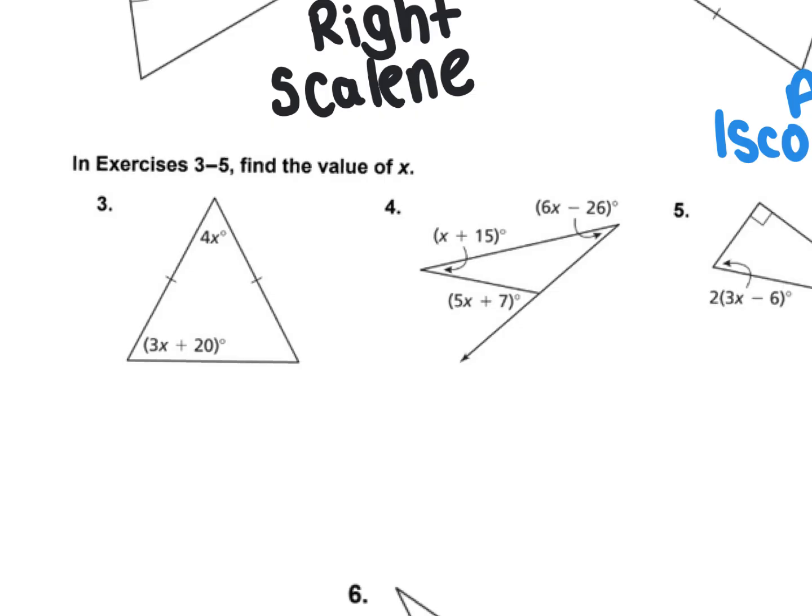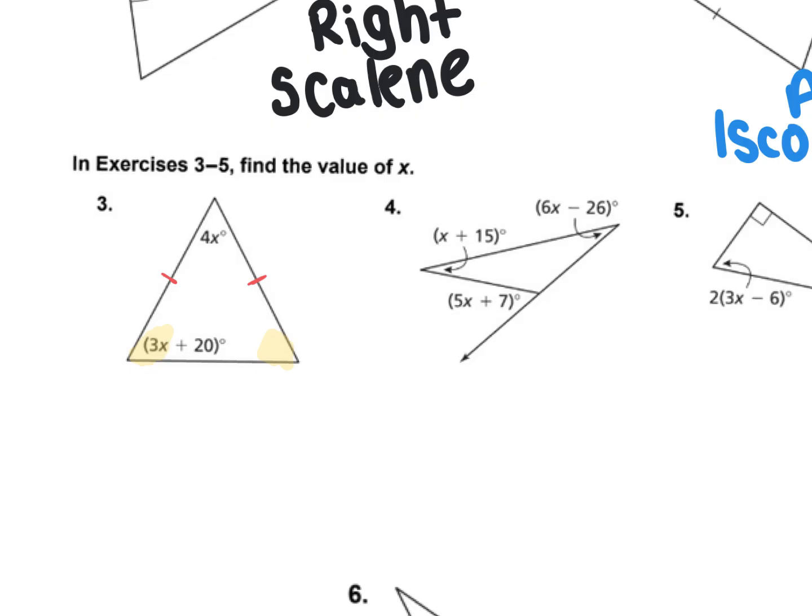What do we know about the angles? If we know that two sides of a triangle are equal, we know something about its angles. What do we know? The base angles are the same. Not all three angles, but the two base angles. The two base angles would be this angle right here and this angle right here, right? They're going to be equal.